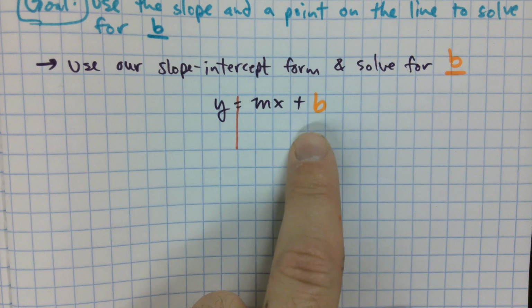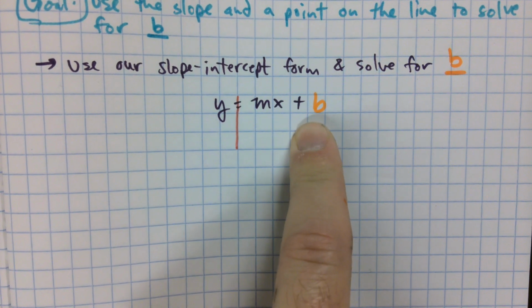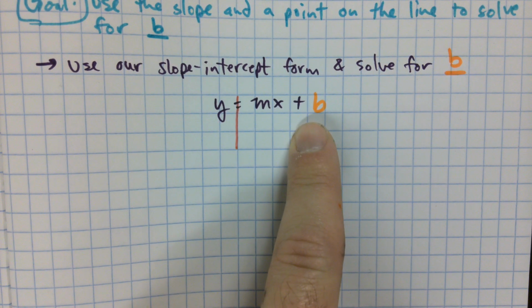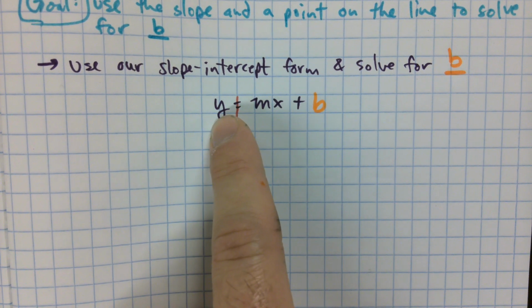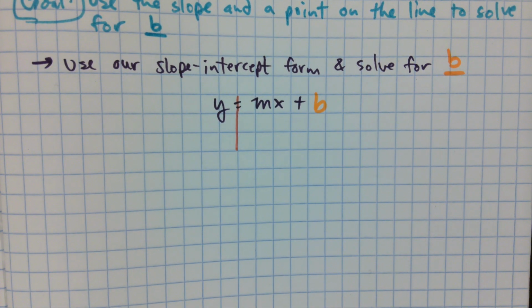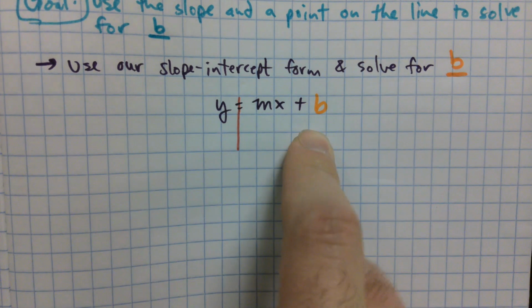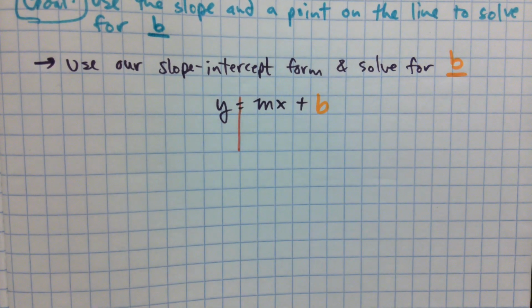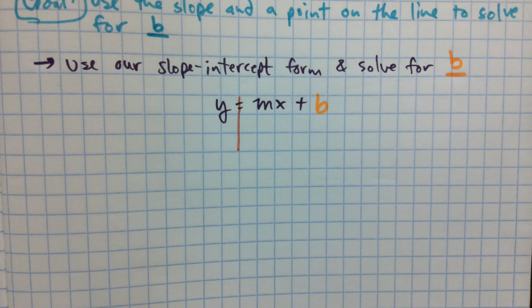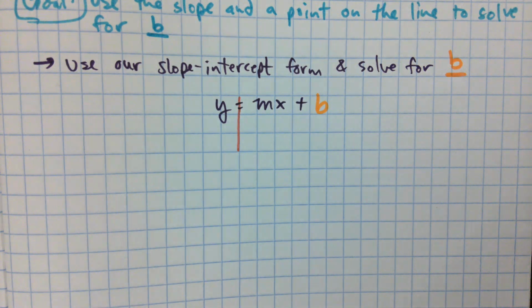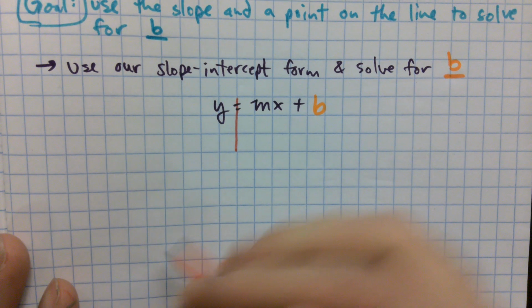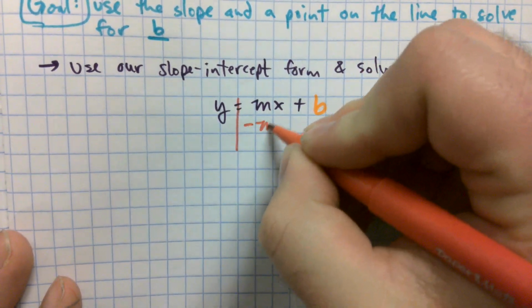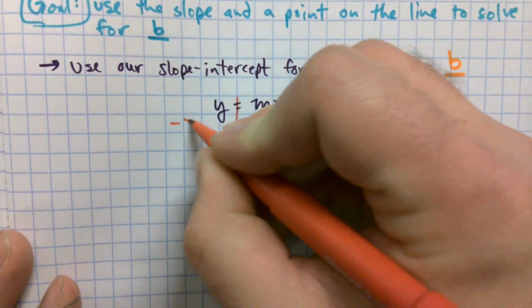And we can see that b is not all by itself on one side. B is being added to m times x. So if we're adding mx to b, what would the opposite of adding be? Subtracting. So on both sides of our equation, we're going to subtract mx.